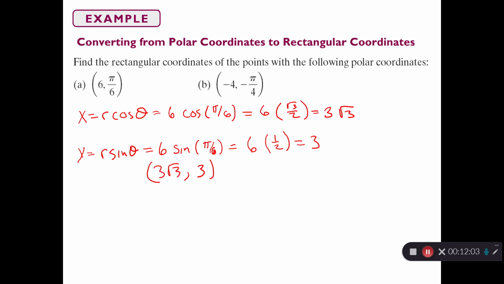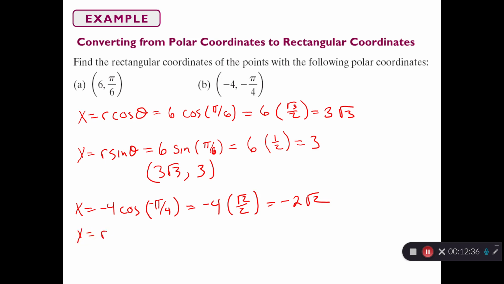So x equals negative 4 cosine negative pi over 4, which equals negative 4 radical 2 over 2, which equals negative 2 radical 2, and y equals r sine theta.